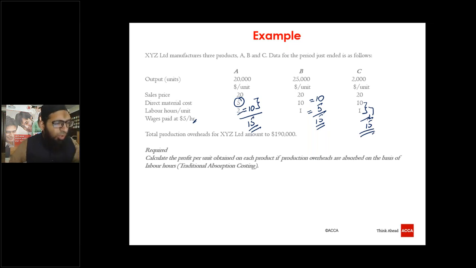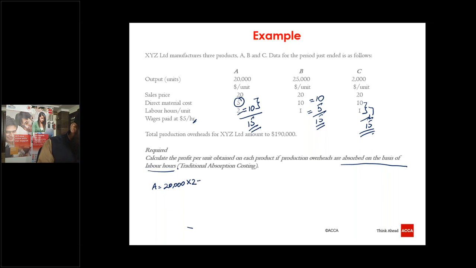And for that, first of all, we will be calculating the overhead absorption rate. And for overhead absorption rate, we require an appropriate basis. And we have been told that the overheads are absorbed on the basis of labor hours. So first of all, we will be calculating the labor hours. So for A, it is 20,000 units. Each unit requires how much? 2 labor hours, that is 40,000 hours.